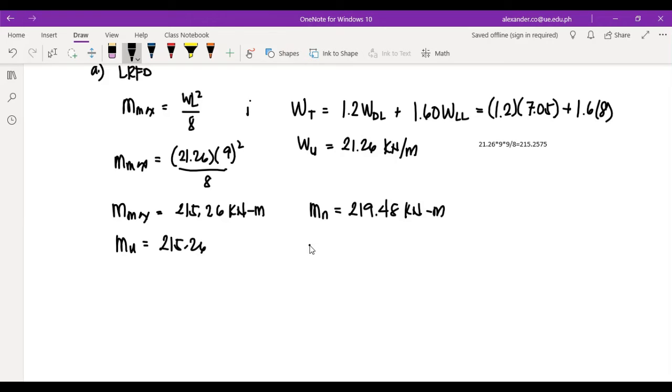Iko-compare natin sa phi Mn. Ang phi Mn ngayon, that would be 0.9 times 250 nominal moment... 193 po. Mali ata.